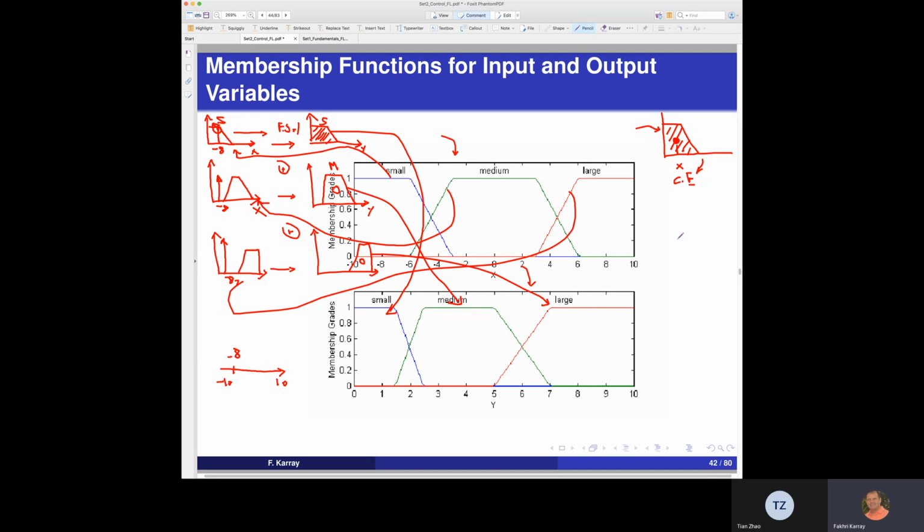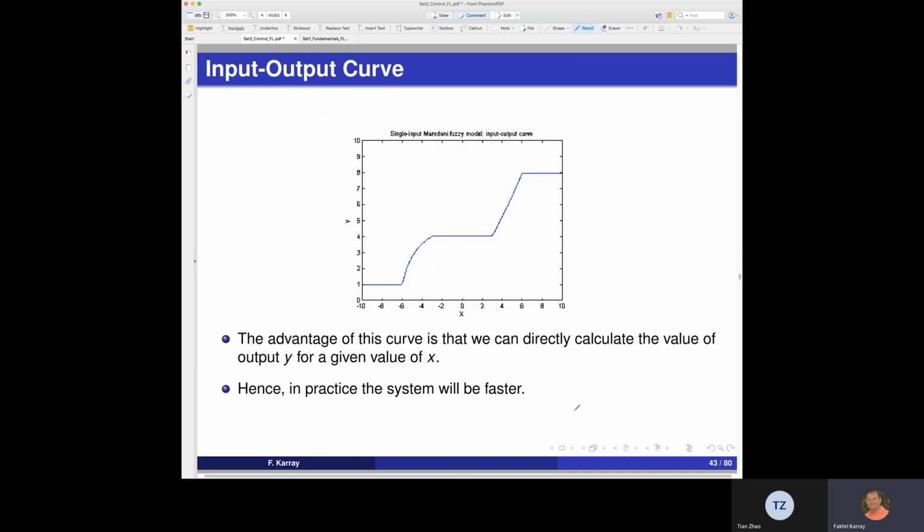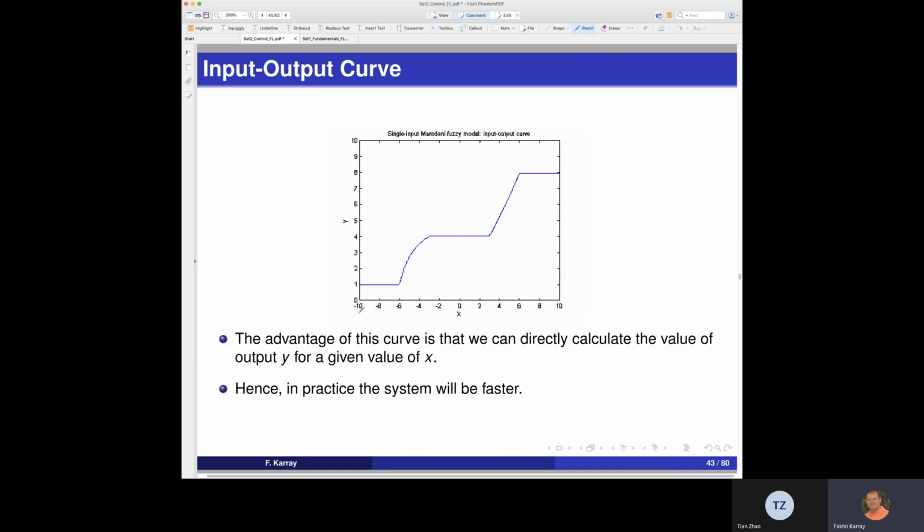Okay, so let's look now at all the values between -10 and +10. From -10 to -6, we don't have any effects other than the first output membership function. Then we have the values -6 to -4, which pertain to two clipped membership functions.